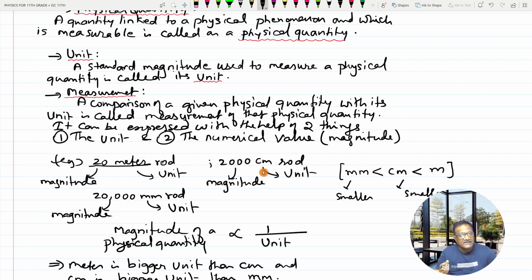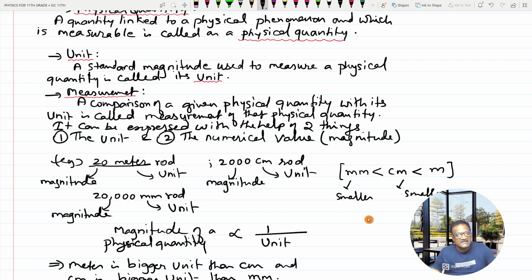So when the unit is decreasing, what is happening to the magnitude? It is increasing. From 20 it has become 20,000. Again from centimeter, the unit has decreased to millimeter. So millimeter is still a smaller unit. Whenever the unit becomes smaller, the magnitude becomes bigger. The magnitude now has become from 2000 to 20,000, isn't it?